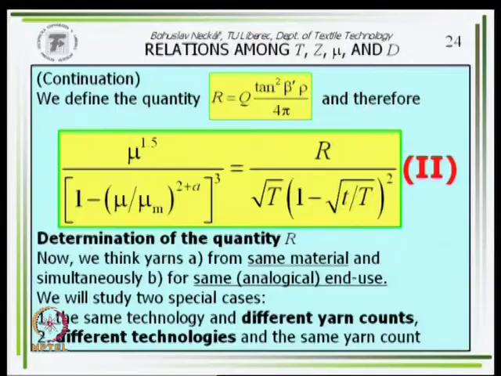The second case, which we will study, is different technologies and the same yarn count. For example, of course, I said same material and similar use. For example, cotton material, cotton yarn 20 tex: carded version, combed version, open-end yarn version.